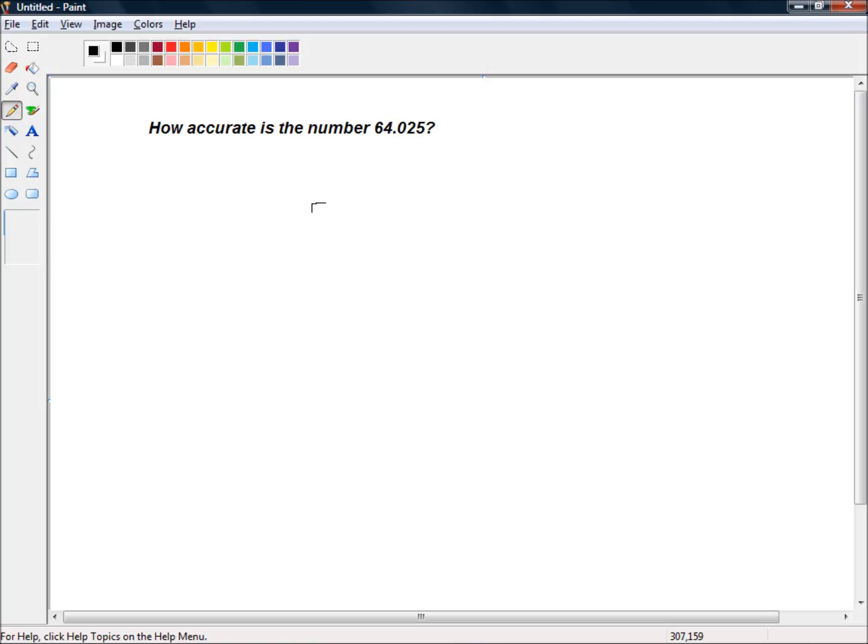So this is accurate to 5 significant figures. Now, after the decimal point, we have 1, 2, 3 digits. So this is accurate to 3 decimal places.